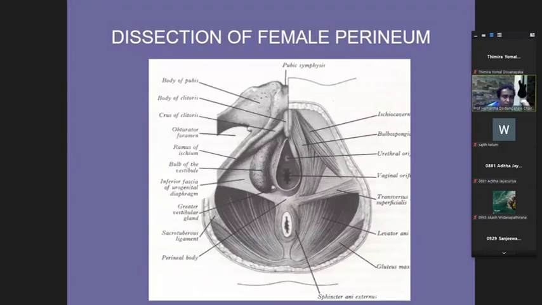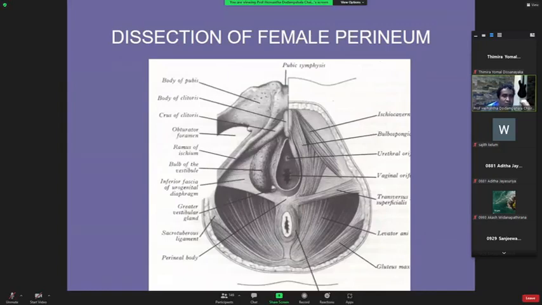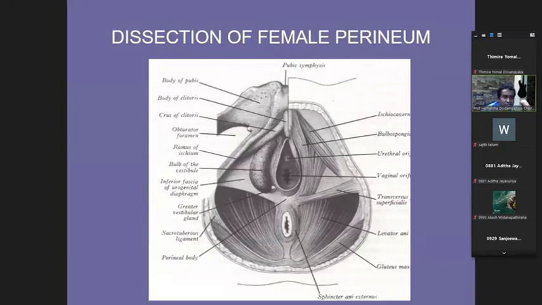The perineum is like a muscular diaphragm, right? If somebody asks you, close your eyes, can you describe the pelvic floor? You say the pelvic floor is like the floor you sit on.